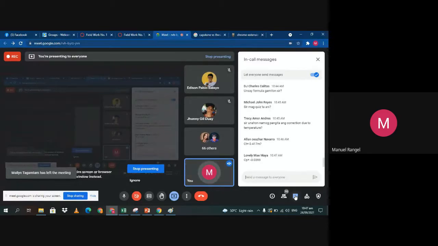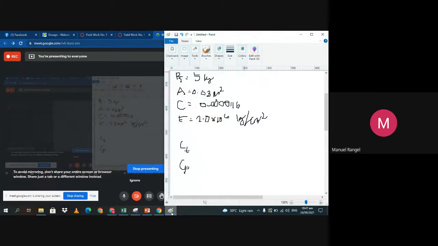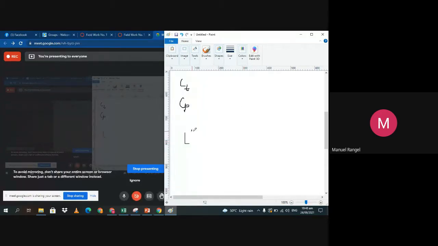Okay, so mauna ang computed correction due to temperature and tension. So now, we'll compute for the true, determine the corrected length. So the corrected length would be L prime. So i-add or subtract nato tong correction due to temperature and plus or minus gyapon tong correction due to tension.